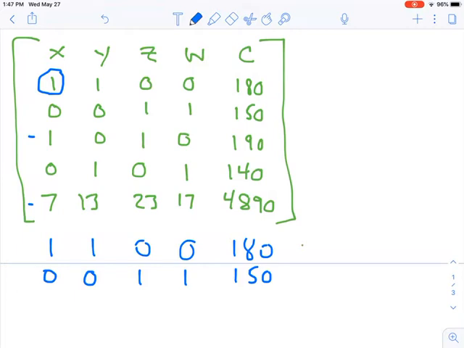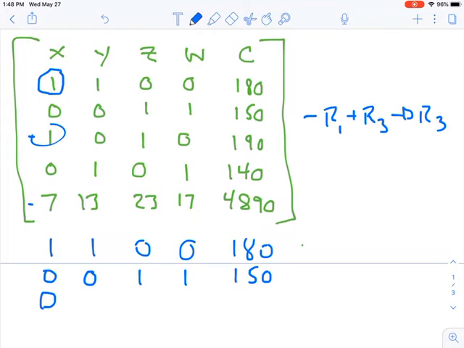Now we need to change this 1 into a 0. We could simply add row 1 to row 3, but I'm going to do that with a negative. I'm going to write my row operation up here: negative row 1 plus row 3 is going to replace row 3. So negative 1 plus 1 is 0.